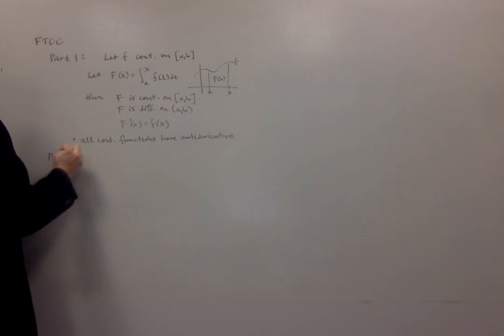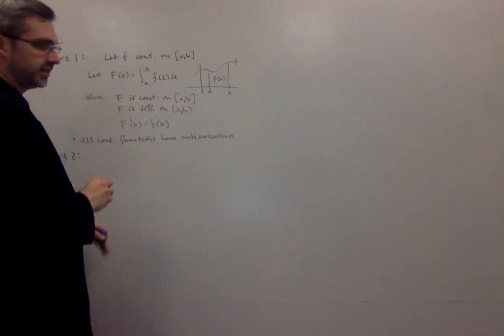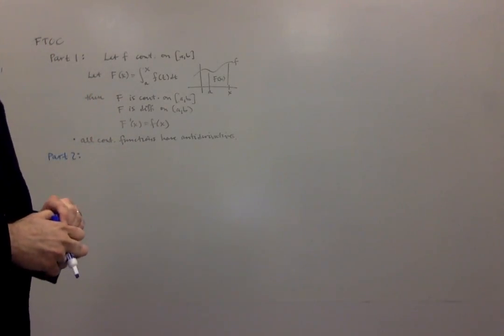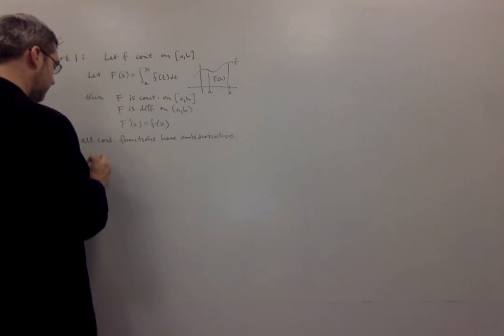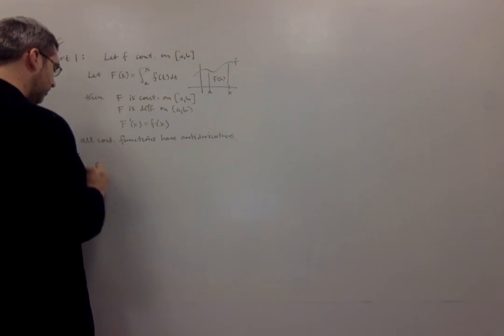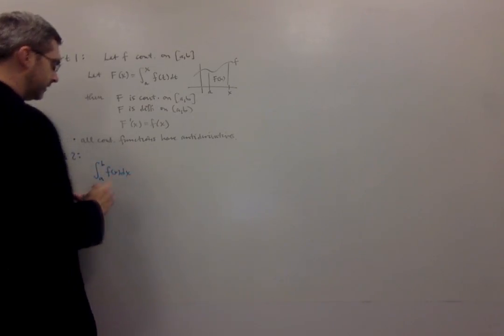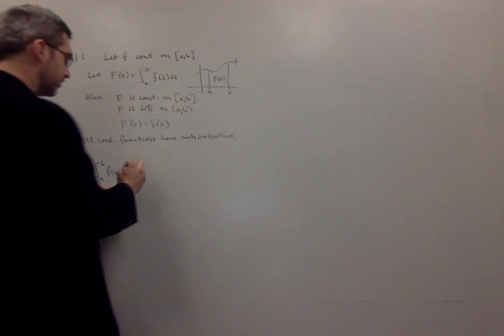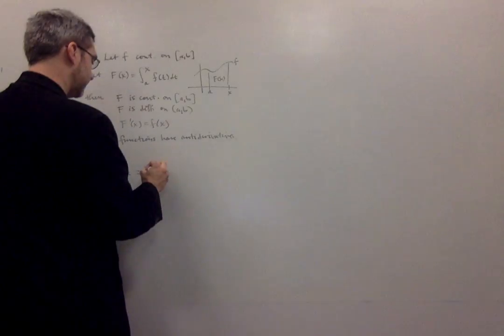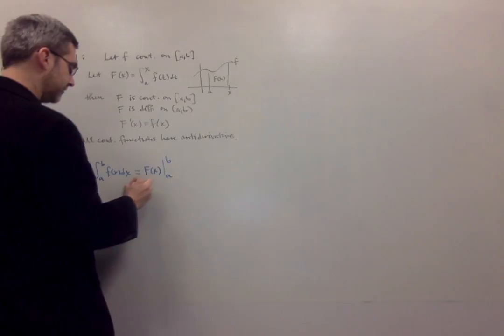Part 2, again, we've got a function that's continuous on the closed interval, so it's a similar setup. So the way that we evaluate the definite integral, the area from a to b, under a function is you simply find an antiderivative and plug in a and plug in b.